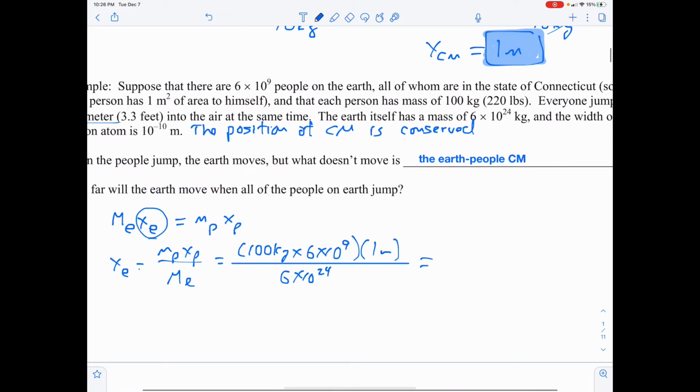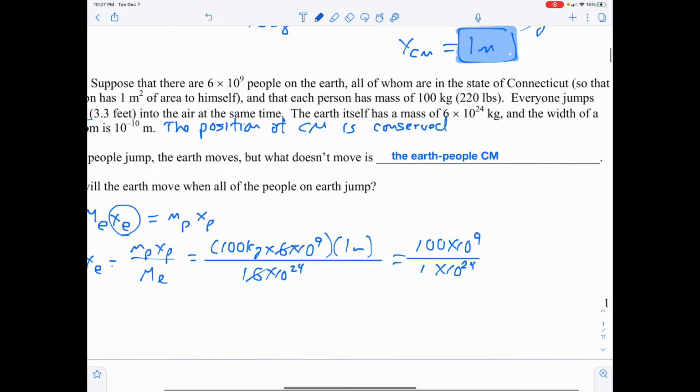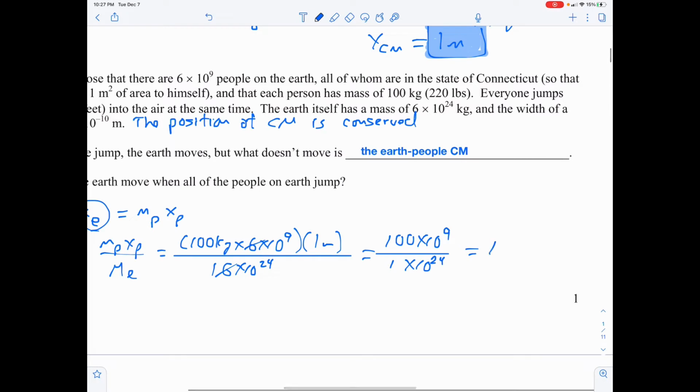And so what we get with this, that all cancels, and that gives you 100 times 10 to the 9 over 1 times 10 to the 24. Put that in your calculator, and the Earth would budge about 1 times 10 to the negative 13th meter, which is pretty small.